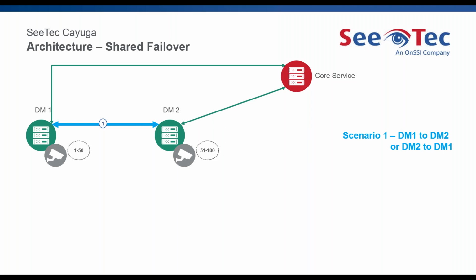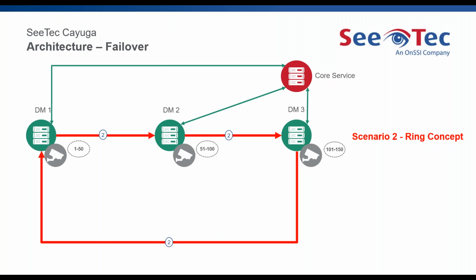We can then step up, and we have a ring concept. You can see here that we've got 3 servers, and we just follow the red line around. DM1 can fail to DM2, and it can go to DM3, and likewise DM3, with the line down the bottom, could fail over to DM1.